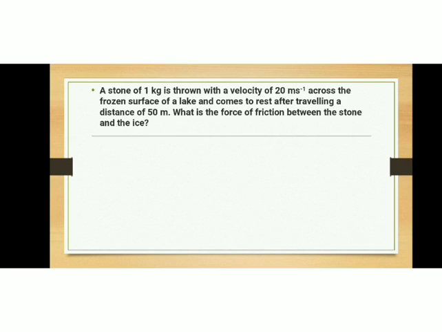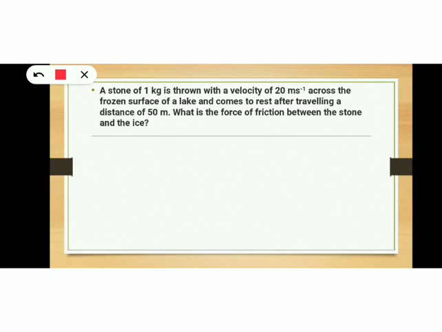Now, this is the next problem. A stone of 1 kilogram is thrown with a velocity of 20 meters per second across the frozen surface of a lake and comes to rest after traveling a distance of 50 meters. What is the force of friction between the stone and the ice?